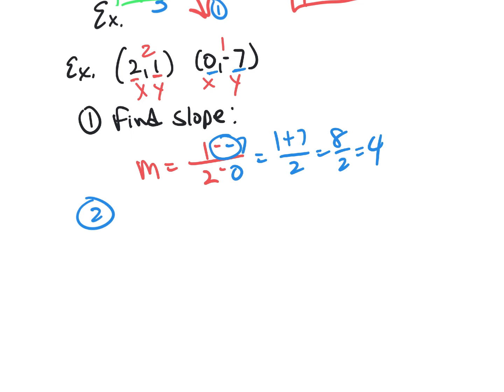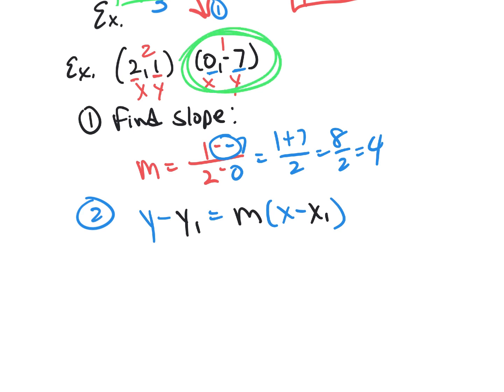Then we're going to write our equation. So y minus y1 equals m times x minus x1. Okay, so choose one of these two ordered pairs. It doesn't matter which one. I'm going to choose this guy right here.